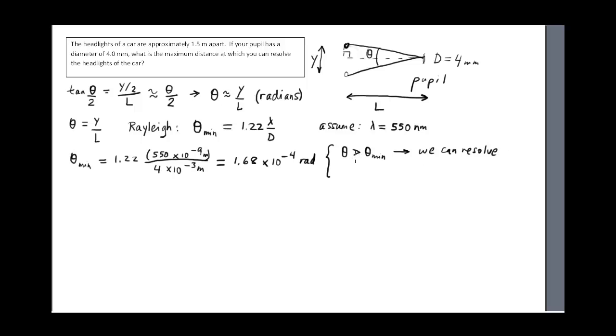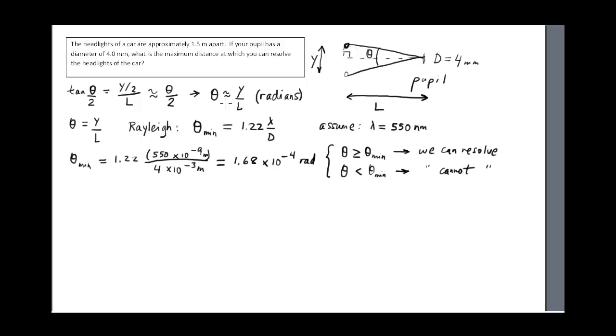And I guess I'll put in greater than or equal to because the Rayleigh condition is written as the minimum value. If, on the other hand, theta, the actual angle of separation, is less than what the Rayleigh condition says is the minimum, we cannot resolve.